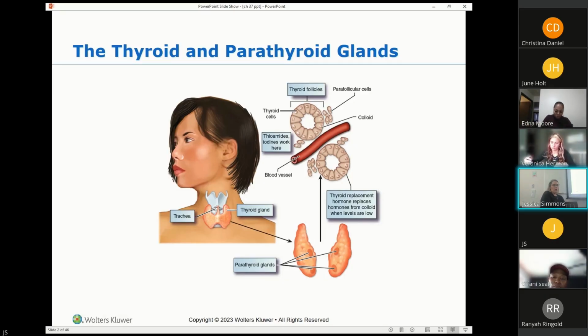You really want to avoid and monitor for any situations where a patient who has had a thyroidectomy has also accidentally lost their parathyroid glands. Okay, so that is important.